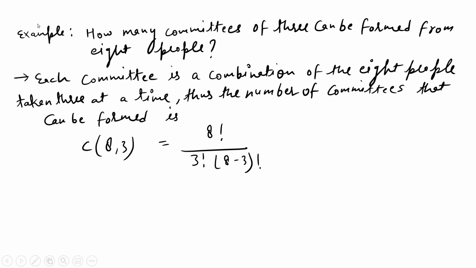So for example, how many committees of 3 can be formed from 8 people? From 8 people we have to form committees of 3. Each committee is a combination of the 8 people taken 3 at a time. Thus the number of committees that can be formed is C(8,3), which is 8 factorial by 3 factorial into 8 minus 3 factorial.